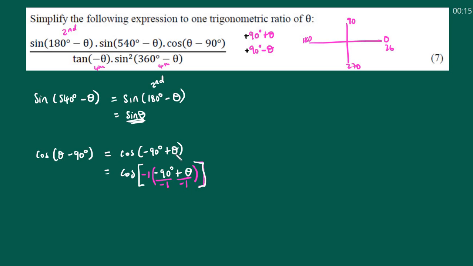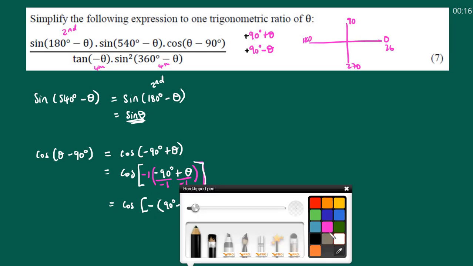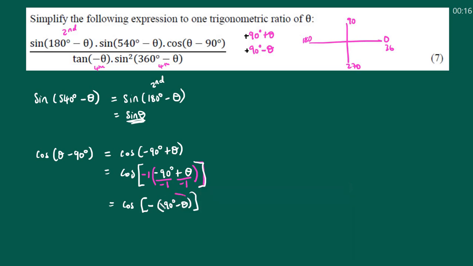So you say -90 plus, then you divide everything by -1, but make sure that you take that -1 out. So now your answer would be cos negative, then 90 degrees minus theta. And you won't make a mistake in terms of the signs. I'm avoiding that, so you should try to always do that. Now that it's like this, it would be very easy, because we take this whole thing as just one angle that has a negative outside.